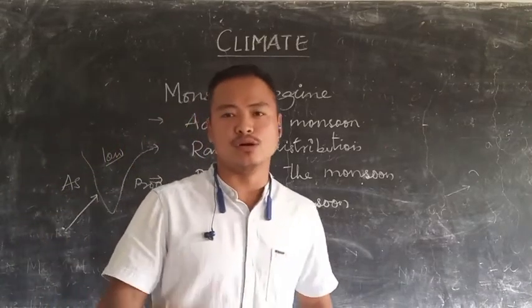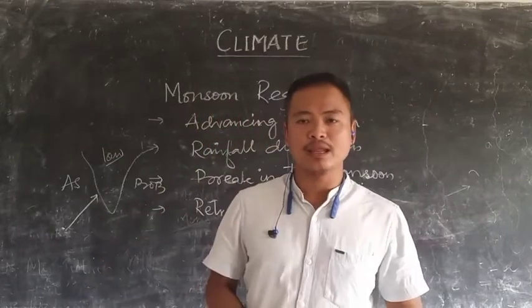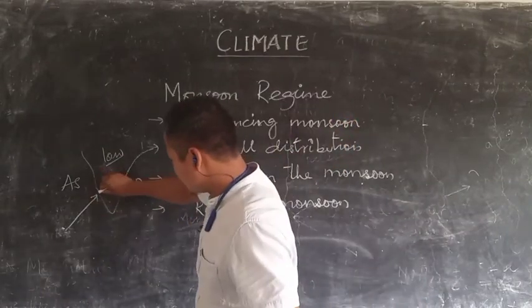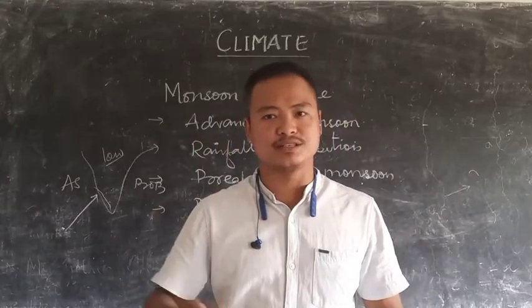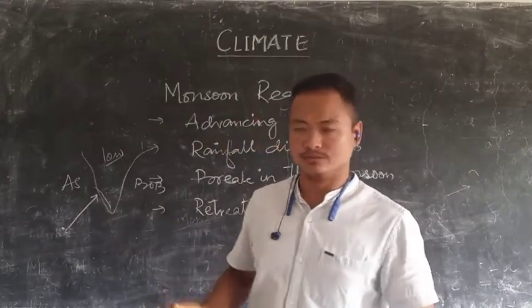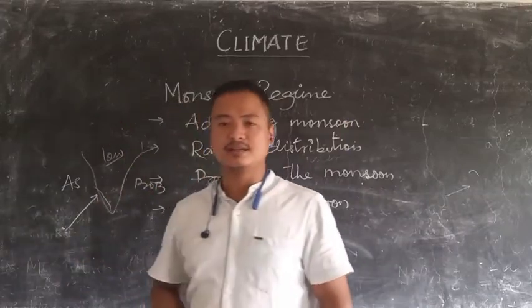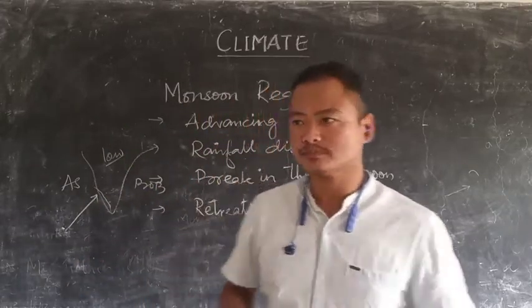And this is how the monsoon begins in India. On the 1st of June, the region of Kerala receives the rainfall in the early phase, but as time passes, by mid-June the entire country receives the rainfall.